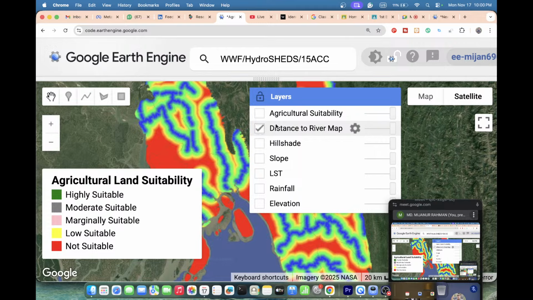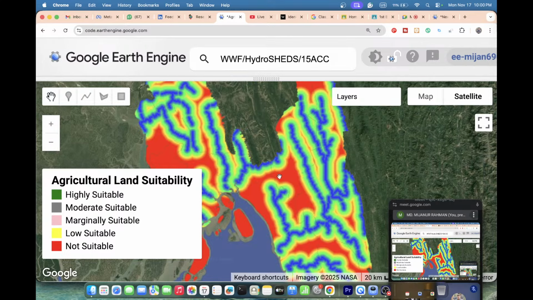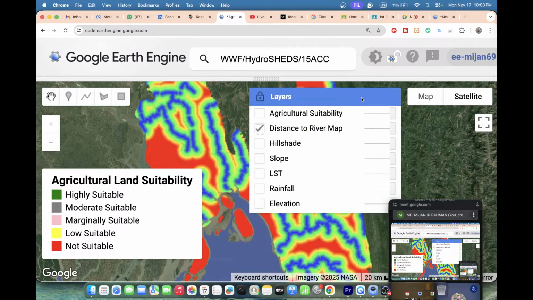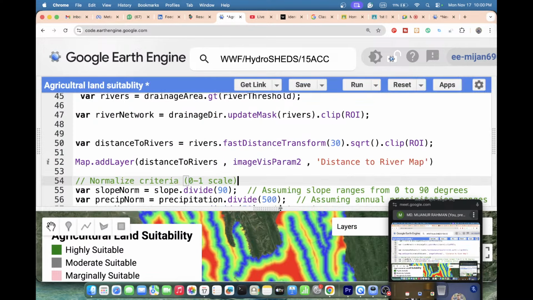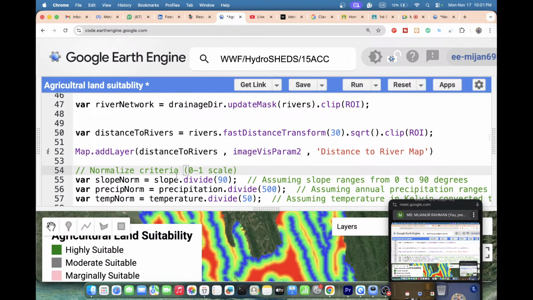So this is the second step, normalization. Because all of the factors have different units, but when I apply the suitability, I must apply the same scale. Suitability analysis converts all layers to a common scale, 0 to 1. So for the region, we simply apply the normalization 0 to 1.